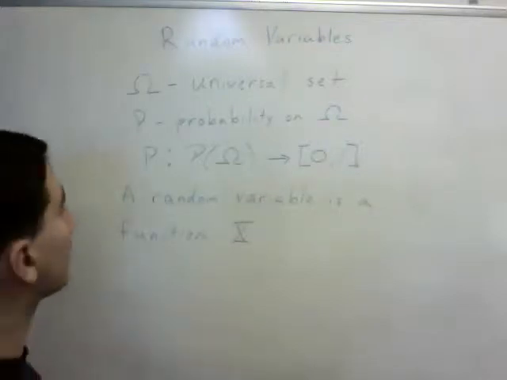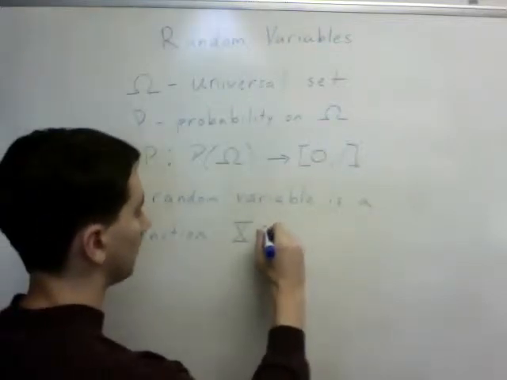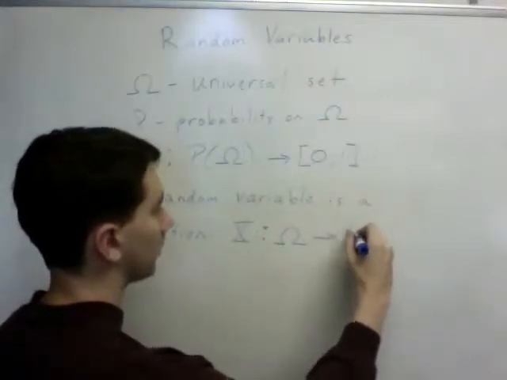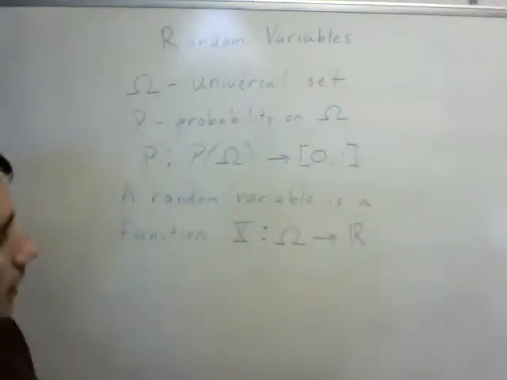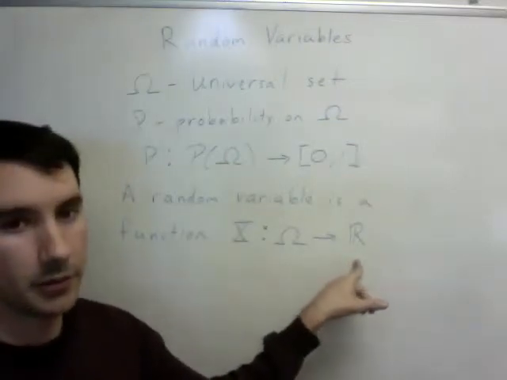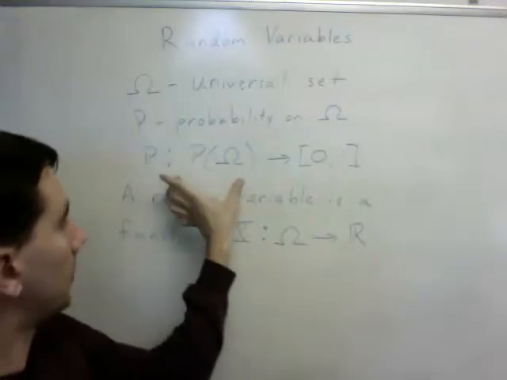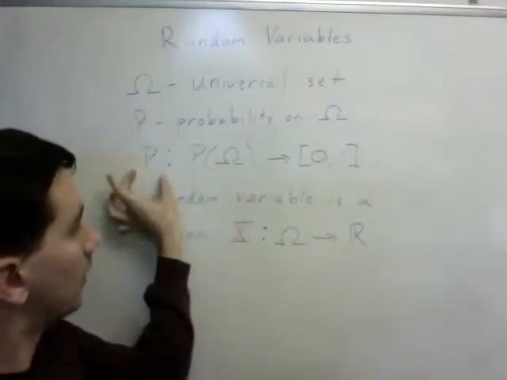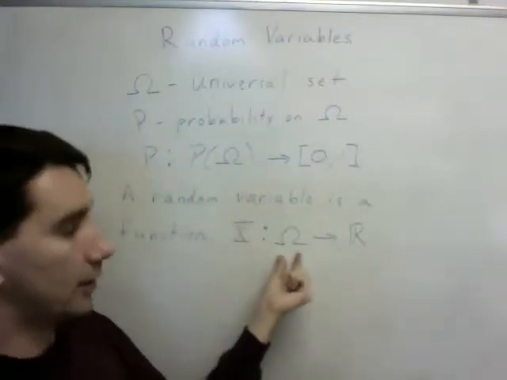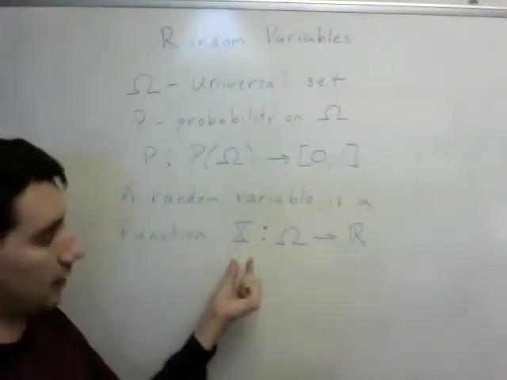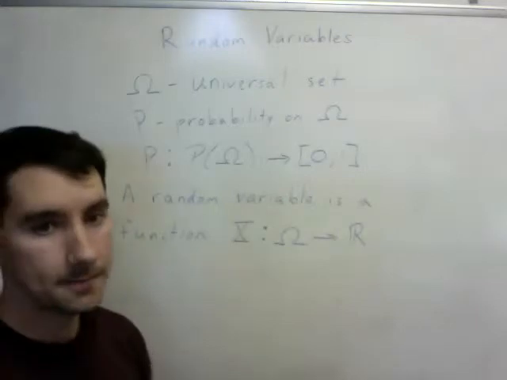So a capital X goes from omega over to the real numbers. Remember that R represents just the real number line. And this is not the power set of omega here. So P takes in subsets of omega, but X just takes in points in omega. So that's what a random variable is. It's just a function that takes points and maps them to real numbers.